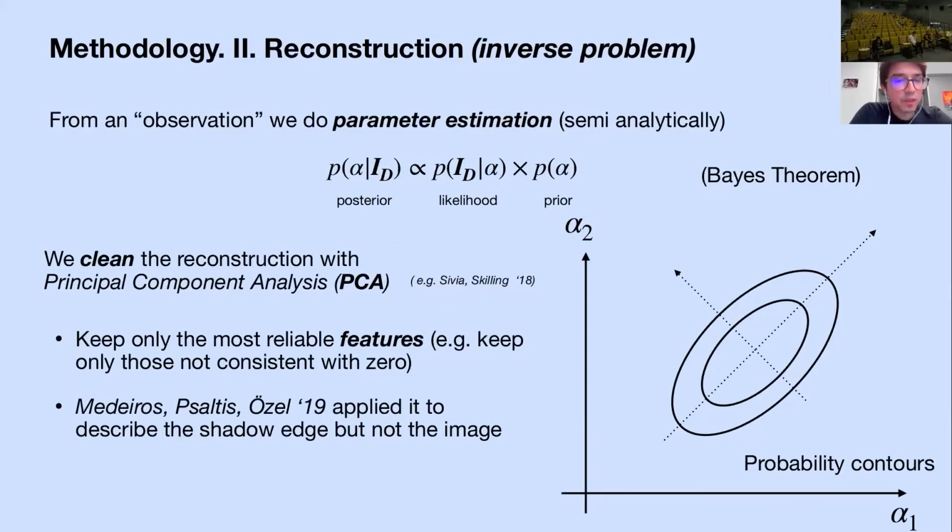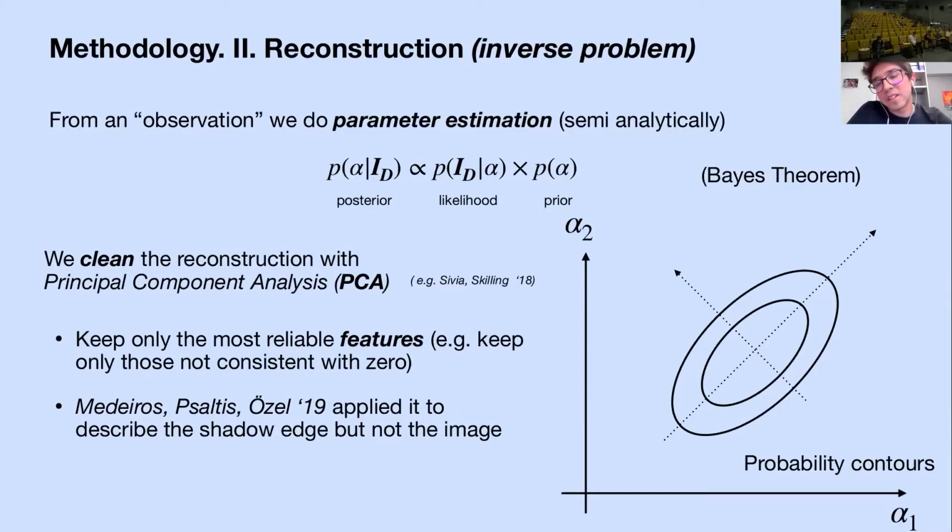Yeah, so now that we have an estimate for the reconstructed metric and the emissivity, we can further clean this reconstruction by employing a technique called the principal component analysis. Essentially what it does is that from our estimate for the parameters, it keeps only the most reliable features describing them.